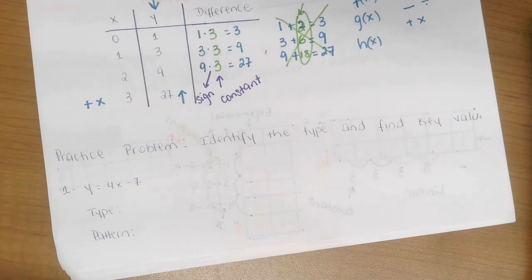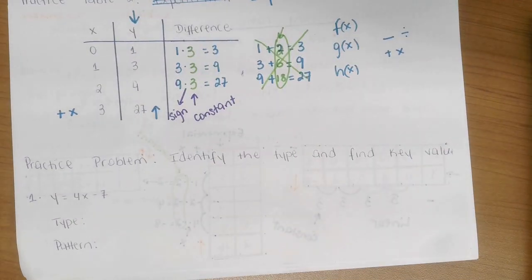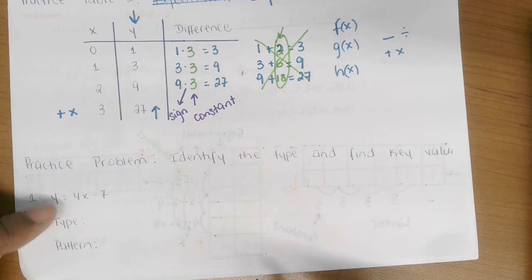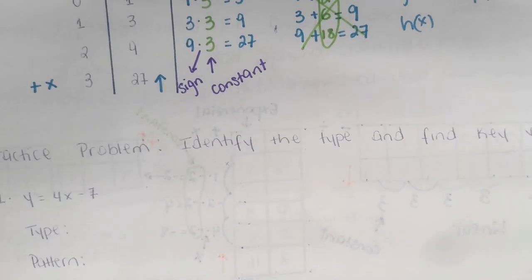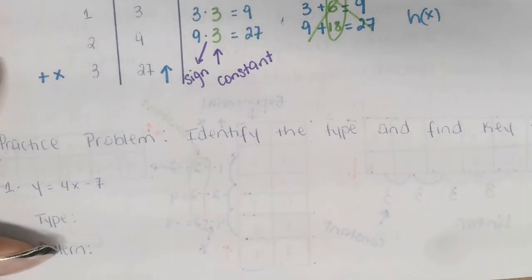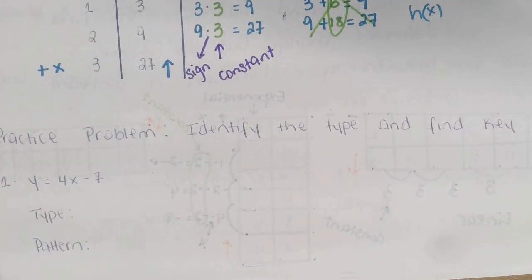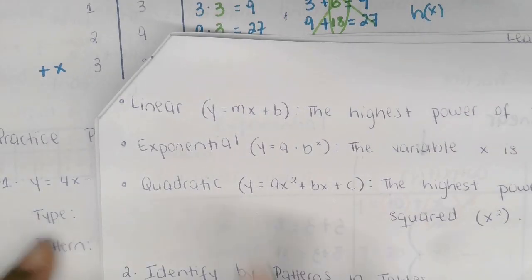Okay. Then the other part says identify the type and the pattern. We're not going to identify the pattern, but we're going to identify the type. So it says y equal 4x minus 4. Focus, good. I'm not going to flip over, but I'm going to get another paper and compare.